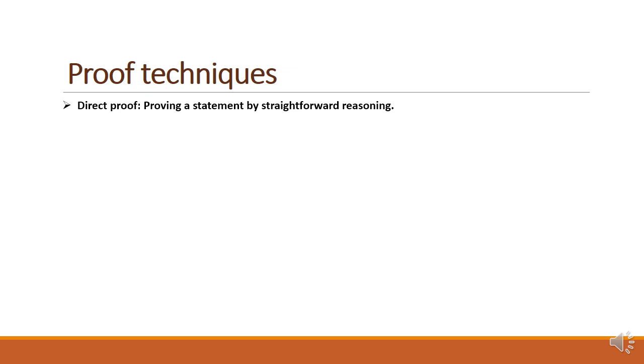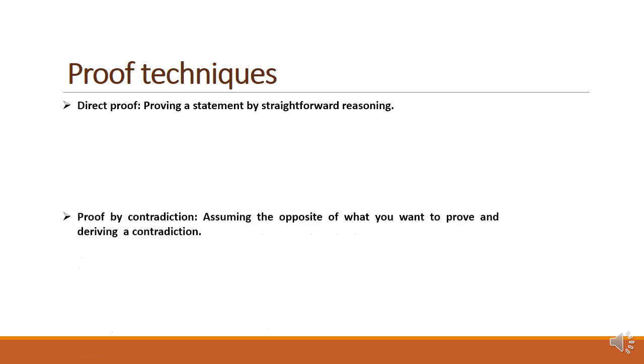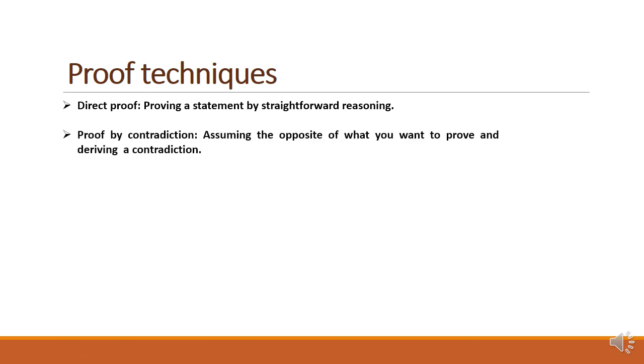In direct proof, we prove a statement by straightforward reasoning. We have also proof by contradiction. In proof by contradiction, we assume the opposite of what we want to prove and derive a contradiction.